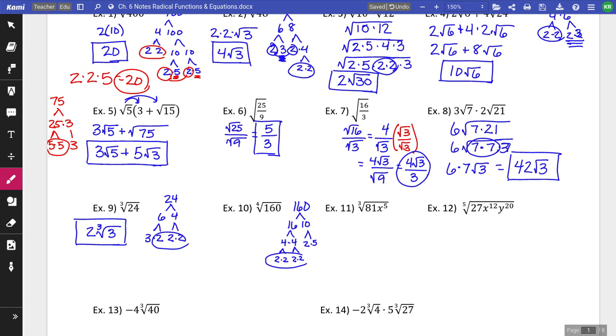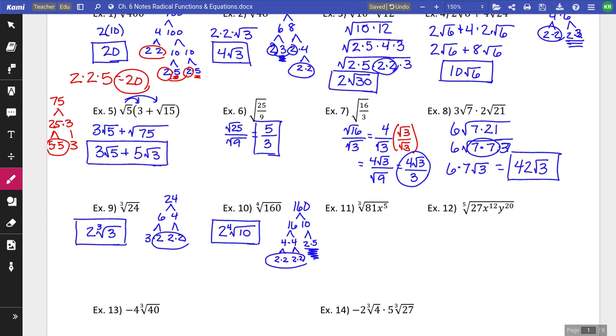Okay, so you now have a group of 2s. And then over here, we have a 2 and a 5 that weren't enough to make a group. But that group of 2s is going to come out. This is going to be fourth root, and 2 and 5 are still under the radical. So that's going to go back to a 10.